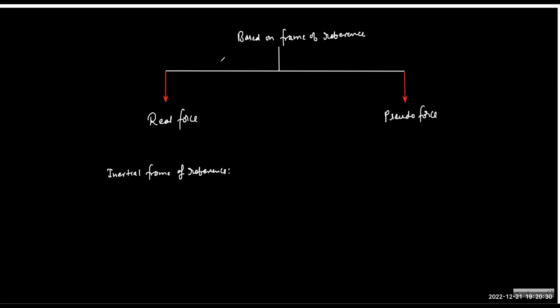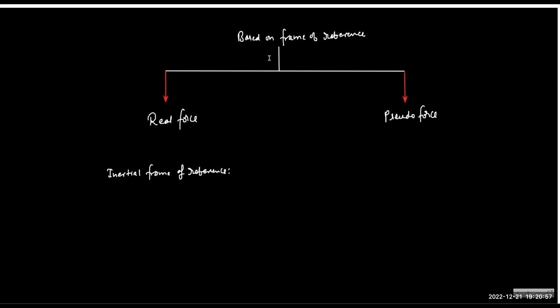You know inertia, what is inertia? Inertia means the tendency to maintain the state of rest or motion, isn't it? So inertial means a frame which can maintain its velocity. Any frame which is either at rest or moving with constant velocity with respect to ground is called an inertial frame.